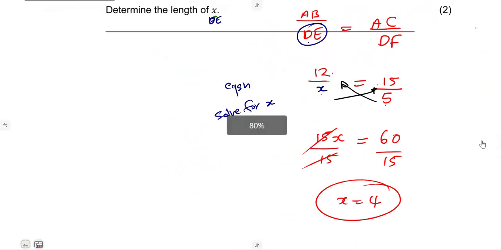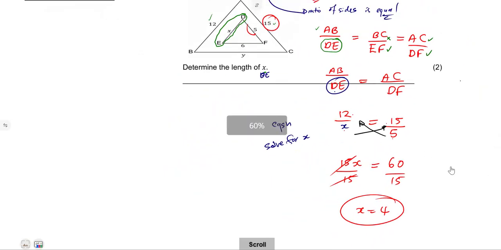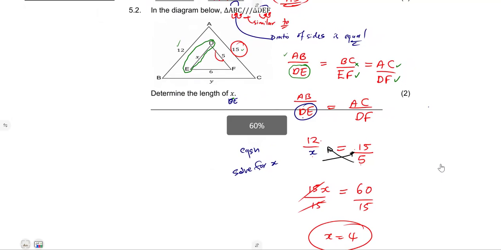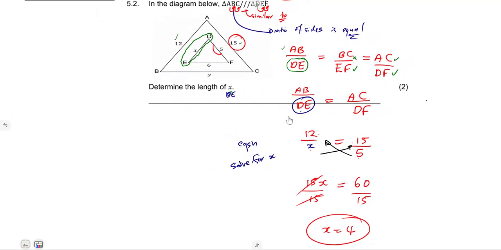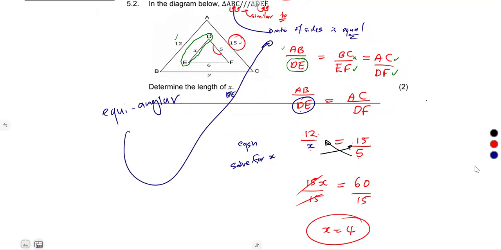So this is how these questions can be given, just study the diagram. Similar figures, similar triangles are equiangular, which is very correct, but the major case is that the ratio of corresponding sides is the same, equal throughout.